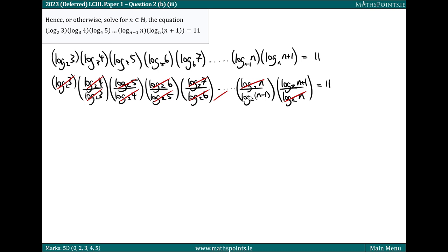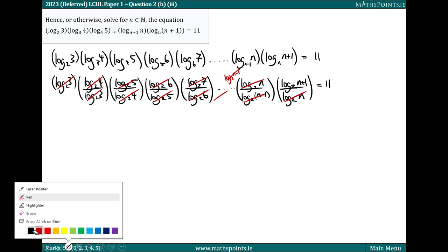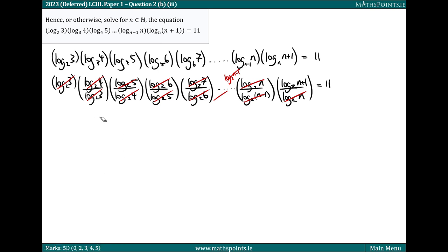And there would have been a term prior to this second last term that would have cancelled. We would have had a log n minus 1 to the base 2 up here, and it would have cancelled with that one there. So the only term left on the left hand side after dividing above and below by all the common terms would be the log of n plus 1 to the base 2, and that's equal to 11.